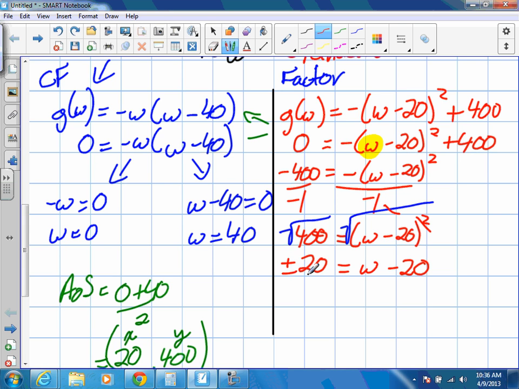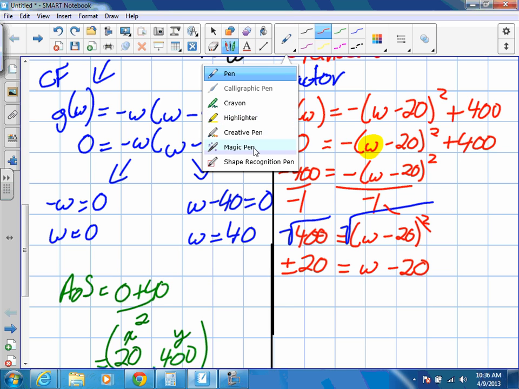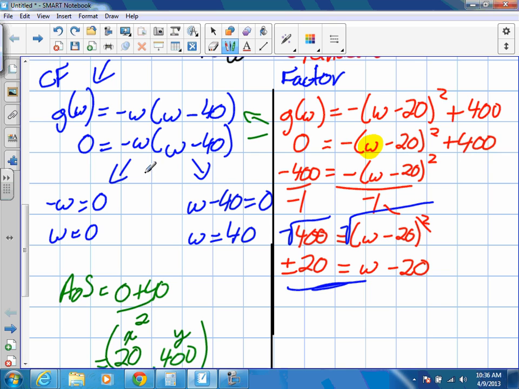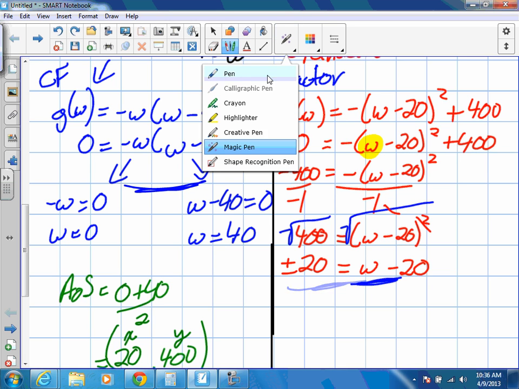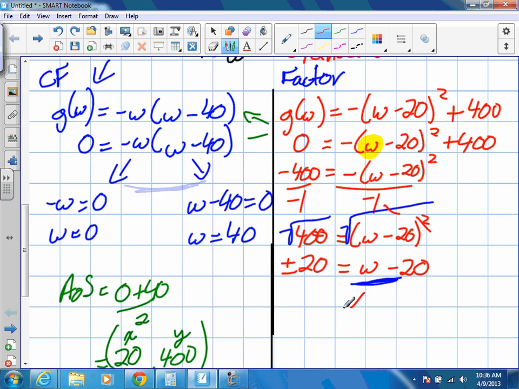At this point, just like when we factored and had to split the equation, we'll do the exact same here. We're going to split the equation. The equation is going to read positive 20 is equal to w minus 20, and negative 20 is equal to w minus 20.